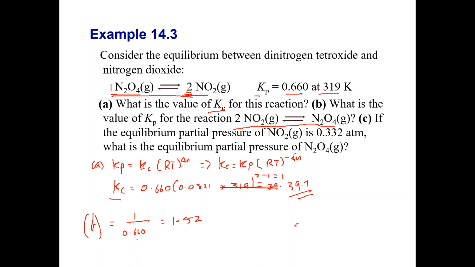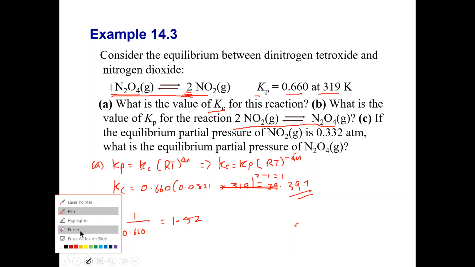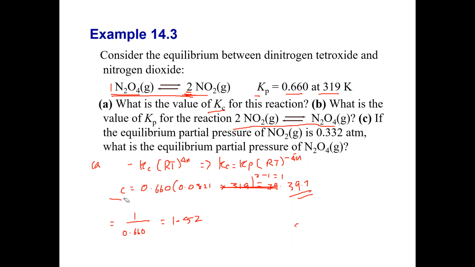Now the C part says, if the equilibrium pressure of NO2 is 0.332, what is the equilibrium partial pressure of N2O4? So I'm going to need some space to answer this one, so let me erase all of this here.